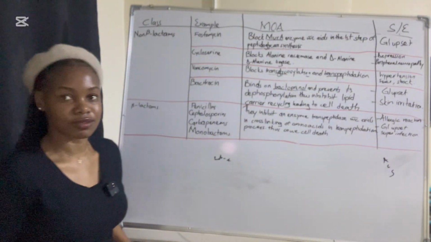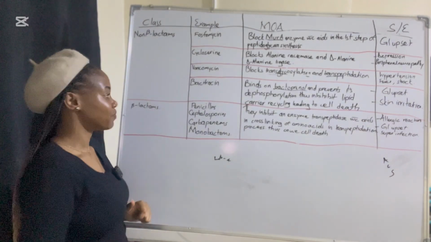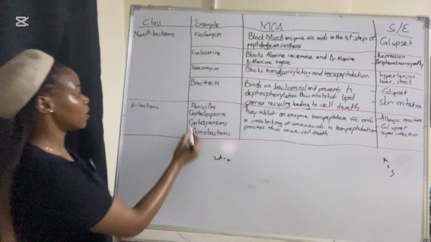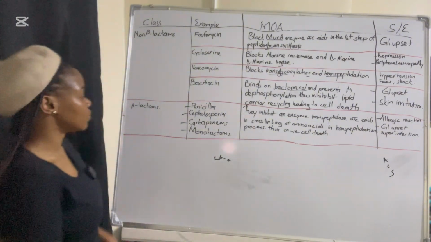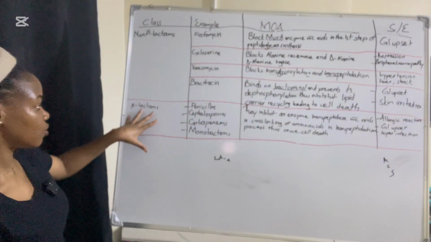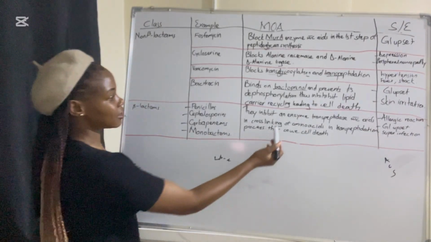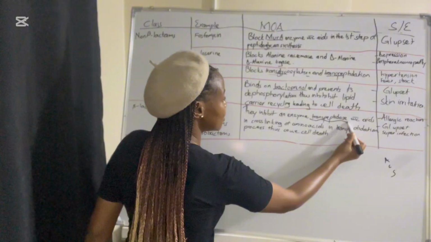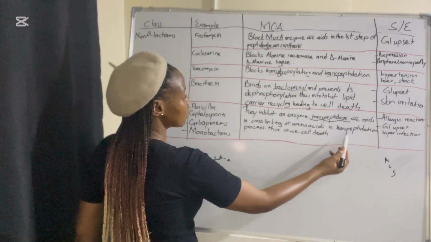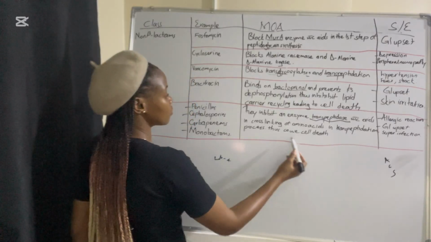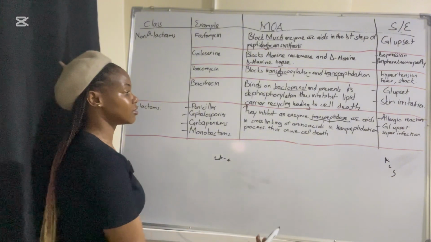Then the next class of drugs is beta lactams. This is very common. In beta lactams, that's where we have our penicillins, cephalosporins, carbapenems, and monobactams. What is the mechanism of action of these beta lactams? They inhibit the enzyme transpeptidase, which aids in cross-linking of the amino acids in the transpeptidation process, thus leading to cell death.